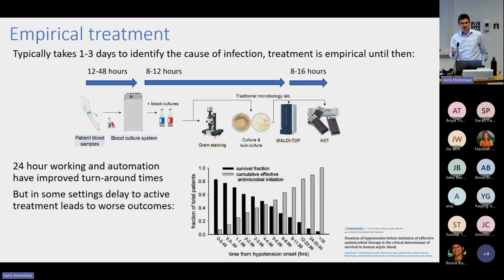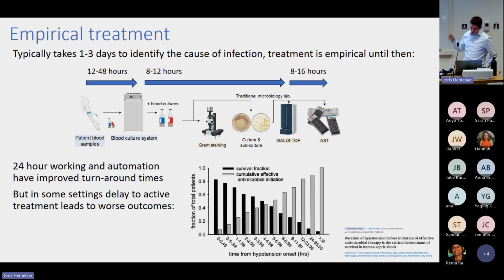So before I delve into answering that question, it's worth saying, well, why don't we just target the treatment that we give directly to the bacteria that's causing the problem? And the answer is twofold. One is that for where we can make a diagnosis, this takes time. It takes between 1 and 3 days, because it takes time for the samples we've taken from patients to be incubated and to start to grow bacteria.